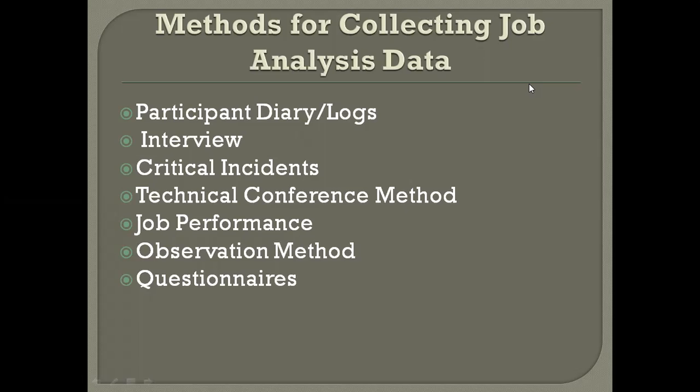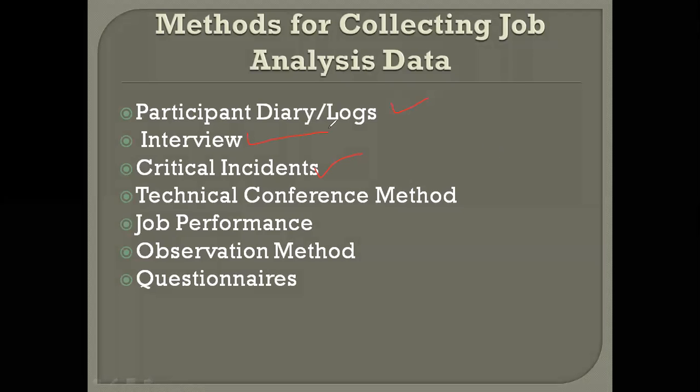The critical incidents. Critical incidents means, employees will be asked to narrate important incidents that they have come across in the organization while performing a job, and they will be analyzed in turn. Suppose an accident took place while performing a job. Suppose in a car manufacturing factory, when a newly manufactured car was to be fitted, an incident happened, an accident happened.